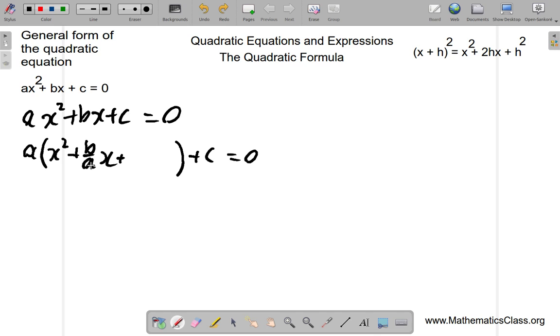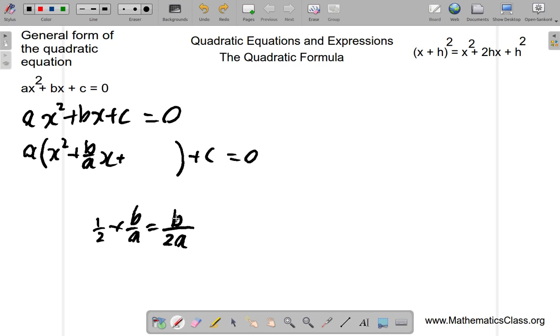Now we're going to add half the coefficient of x and square that. The coefficient of x is the number that multiplies x, and the coefficient of x is b over a. What is half of b over a? Half multiplied by b over a. Remember your fractions now. 1 by b up top gives you b, over 2 by a down the bottom gives you 2a.